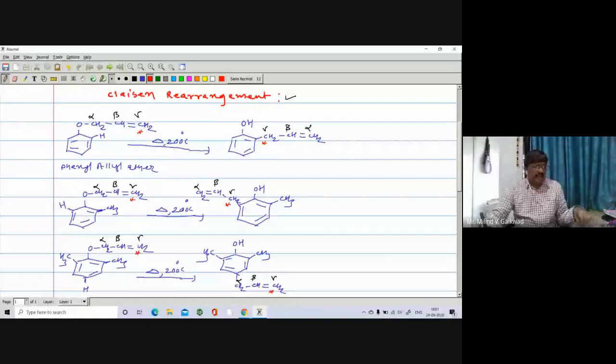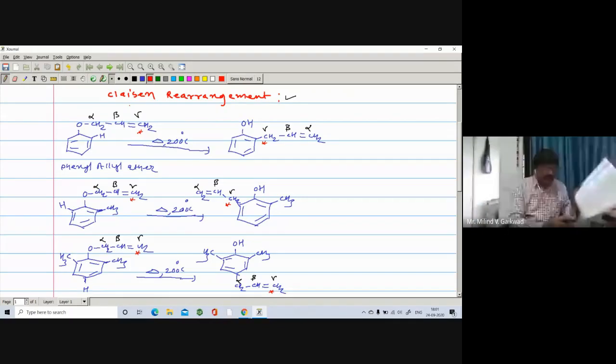Okay. Now we have to see some more. I think only three reactions have remained. Then we can complete the rearrangements. All these three are near about similar.